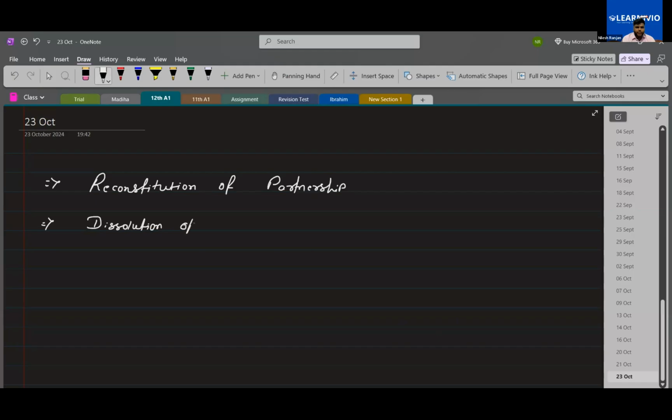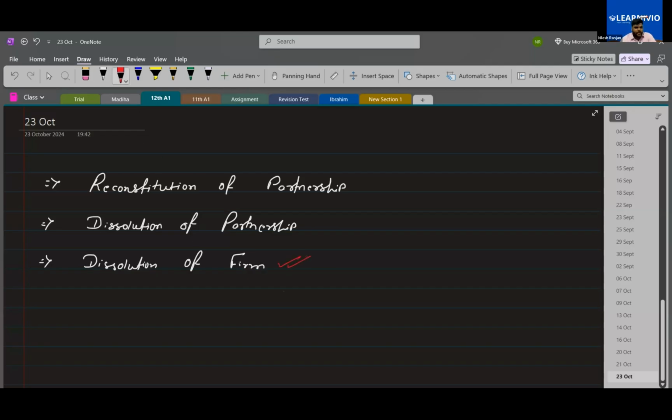There is dissolution of partnership and then dissolution of partnership firm. So we are discussing dissolution of firm right now.